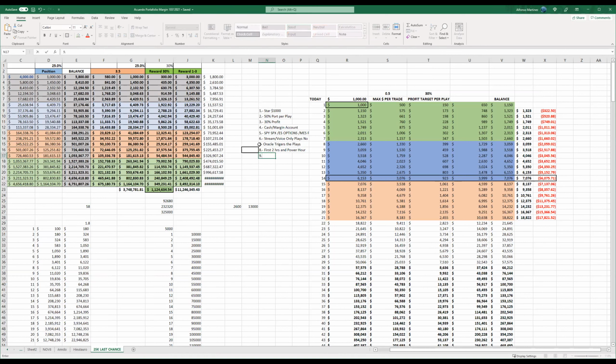Another rule: Mondays, Tuesdays, we're going to take weeklies, weekly contracts.